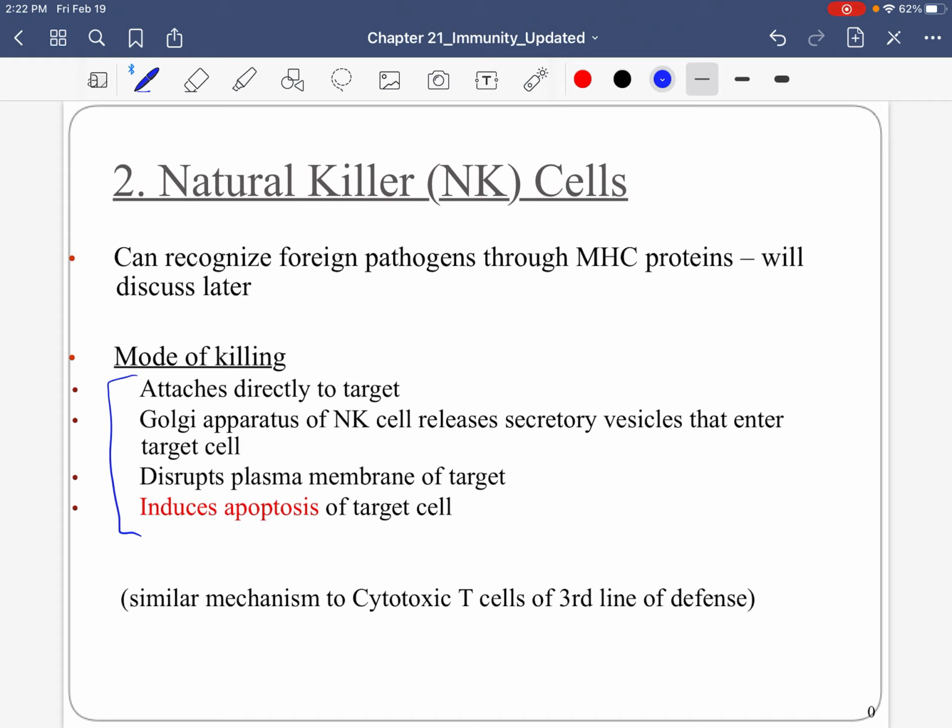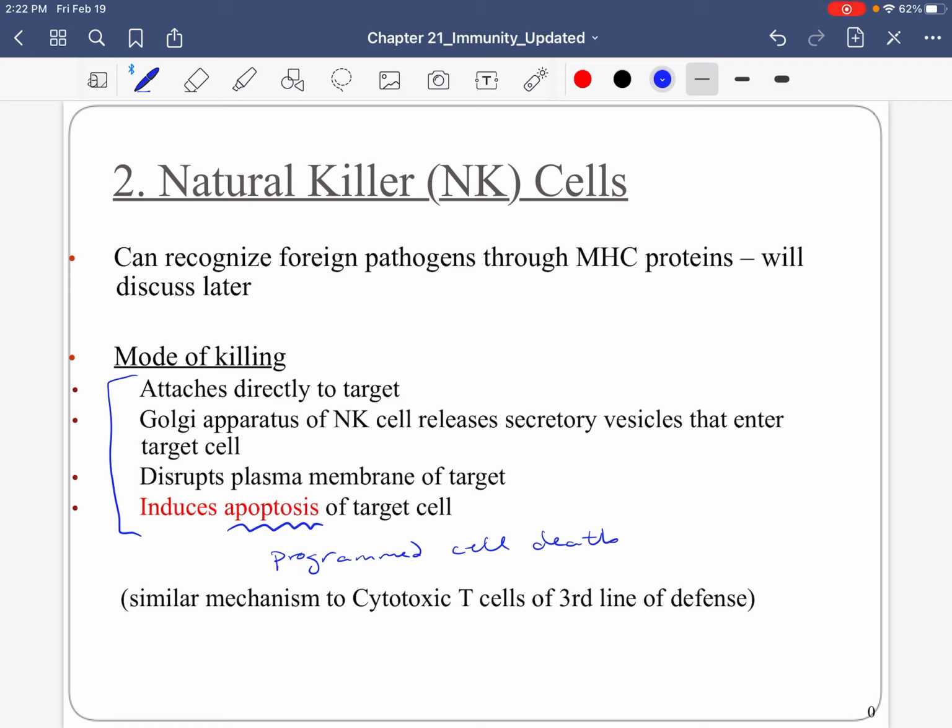That vesicle is able to enter the target cell, the bad cell, because the vesicle is specially designed to break through the plasma membrane of the bad guy. Once that vesicle is in the bad guy, it induces apoptosis of the bad guy. Apoptosis is programmed cell death. A more crude way of remembering that is suicide.